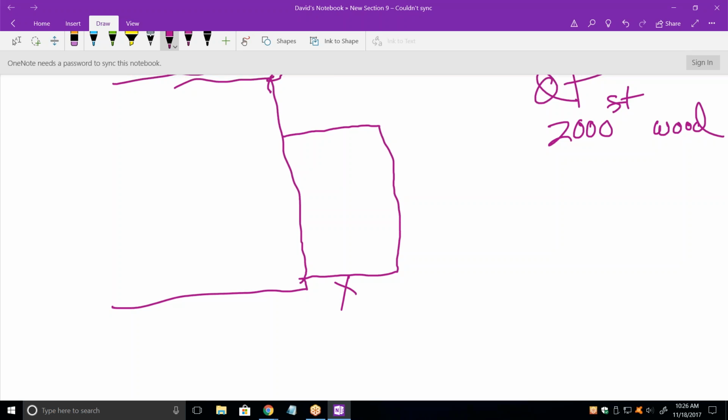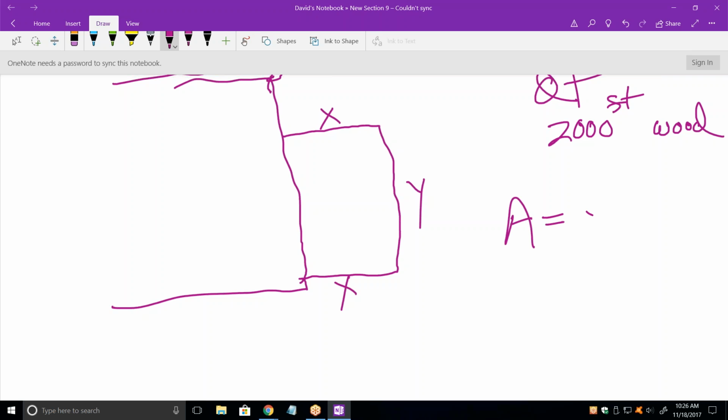Optimization problems, you're going to have two equations. You're going to have the primary equation that is to be optimized, and then you're going to have another equation that helps you do calculus on the first equation. Let's talk about the area equation here, because that's the one we want to optimize. What's the area of this corral?